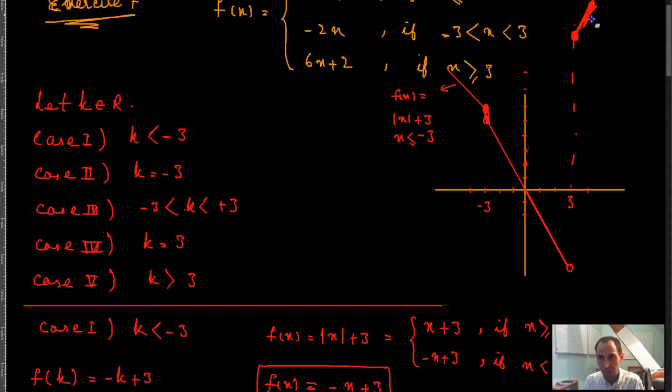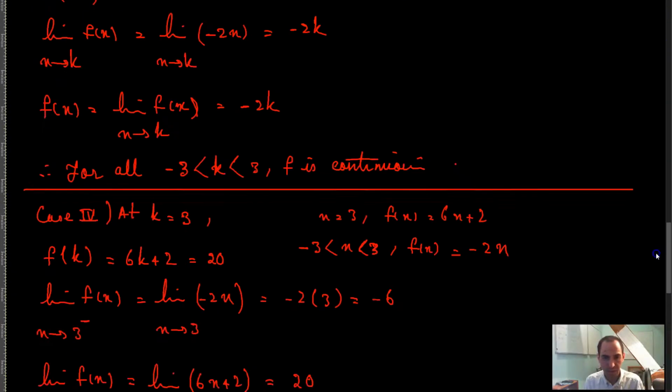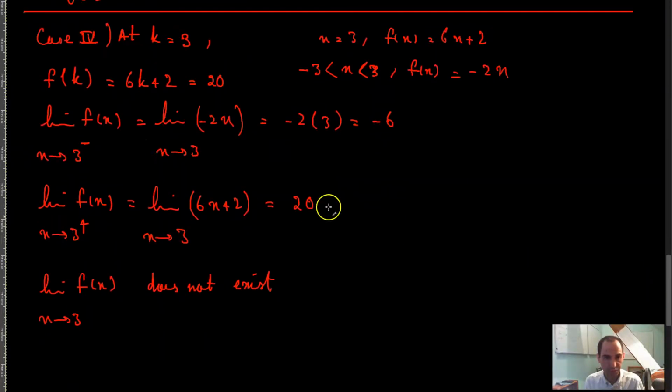The value of y over here is equal to 20, while the value down here is some value like negative something, like negative 6.